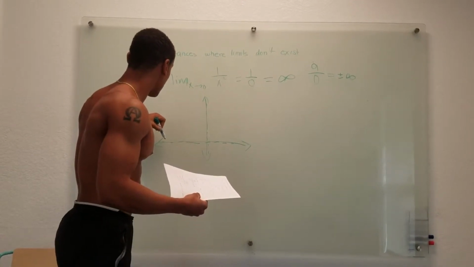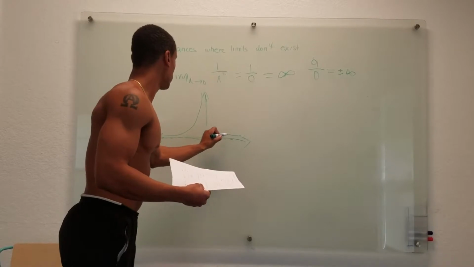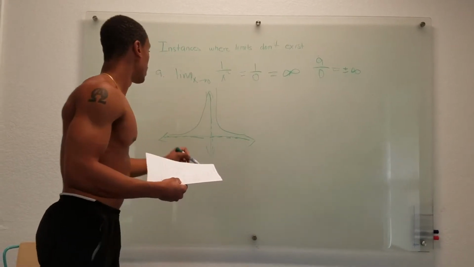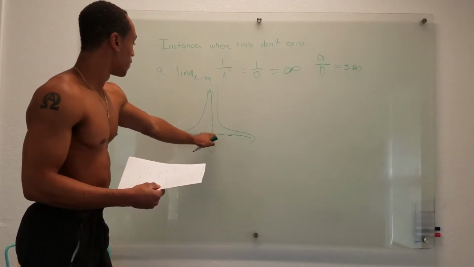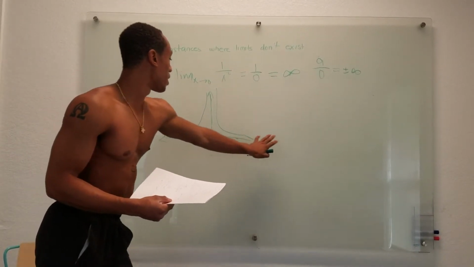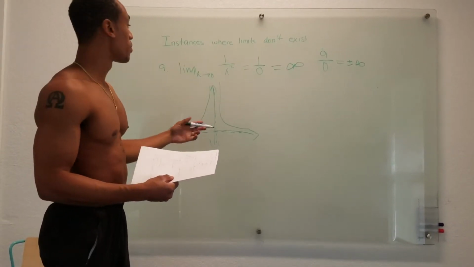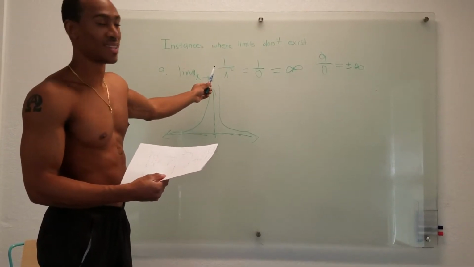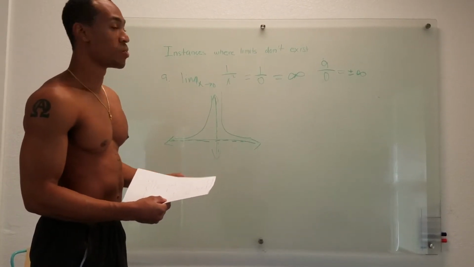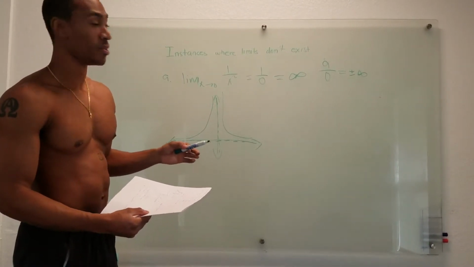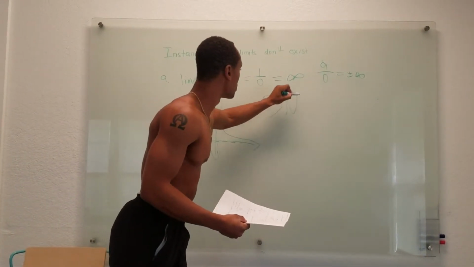So our graph is going to look like this. As you approach 0 from the left and the right, you approach infinity, which means your graph is going to keep going up, which means the limit never approaches a real, defined number. So again, we're going to put does not exist.